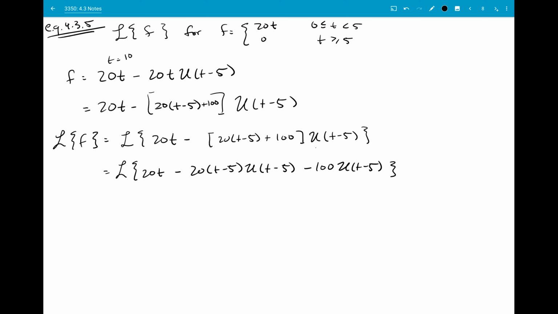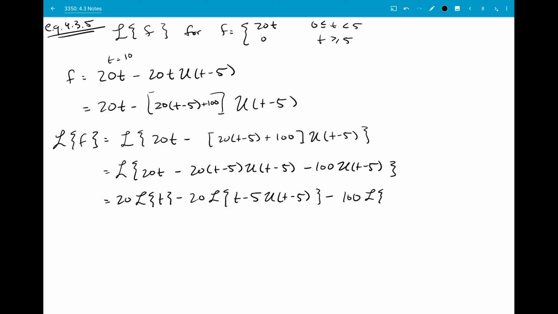All I've done is distribute my u of t minus 5 right there. So that's going to give me 20 L of t minus 20 L of t minus 5 u of t minus 5 minus 100 L of u of t minus 5.